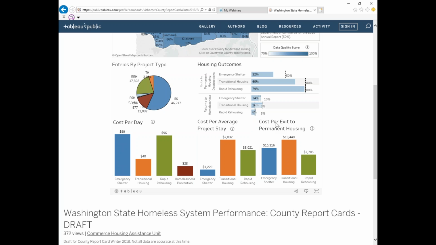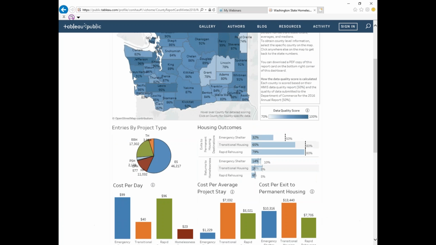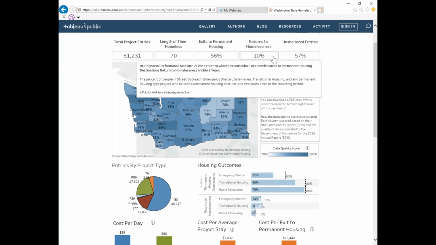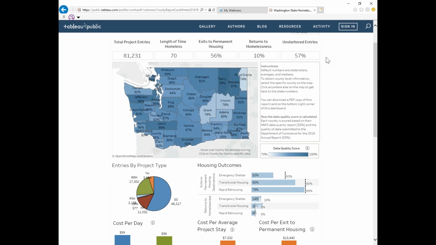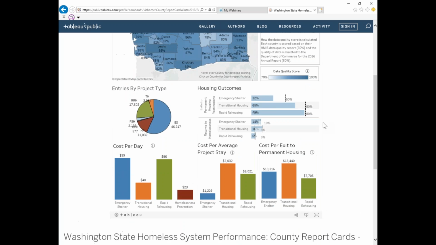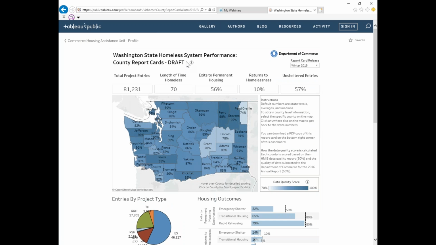So this is actually a different reporting period than the information above. So these measures are on the federal fiscal year, and the cost measures are calendar year. And you can find that information here about the reporting periods in this tooltip up here.